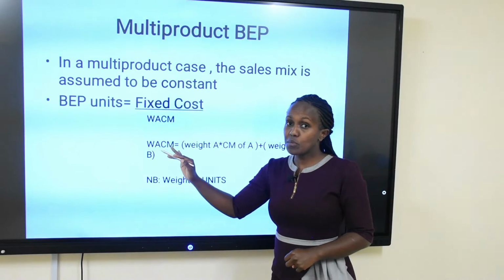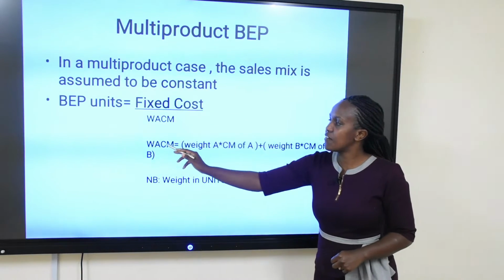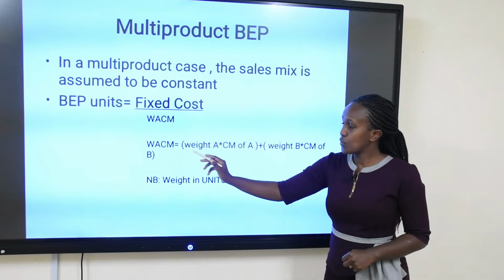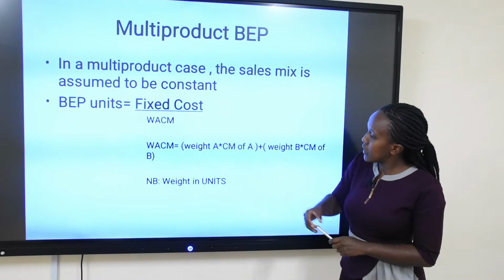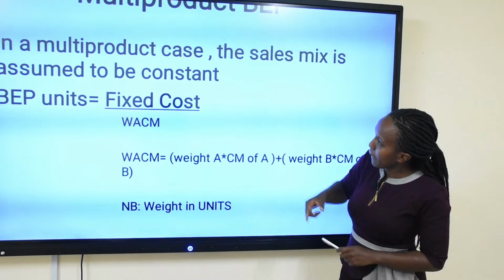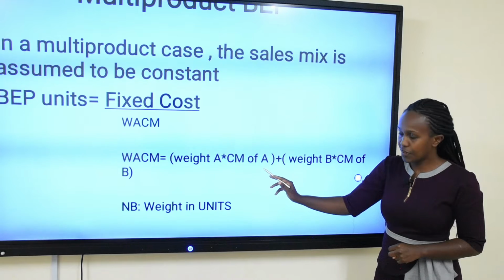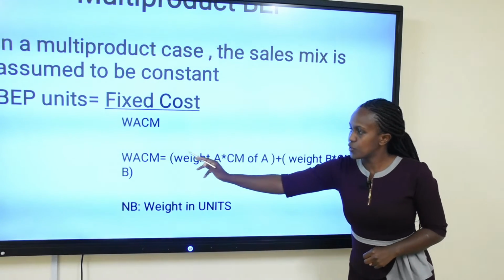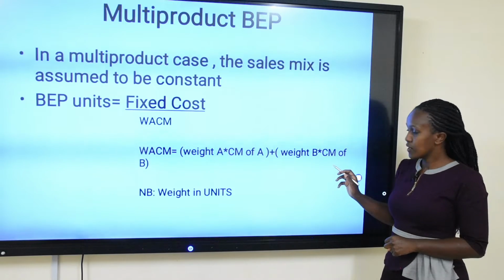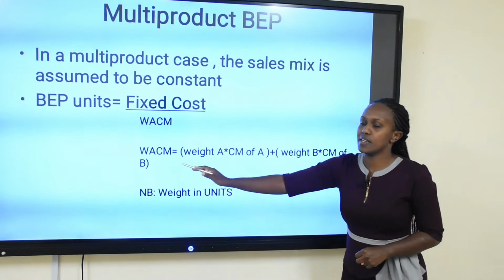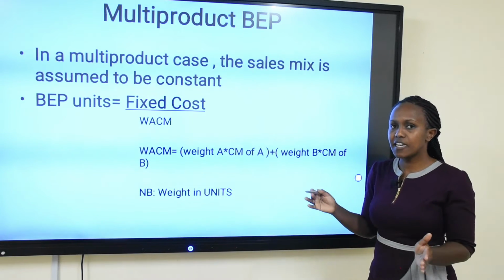I am going to be assuming we have two products, A and B. So to get the weighted average contribution margin, we are going to get the weight of A, our first product, multiplied by the contribution margin of A, and you add the weight of B multiplied by the contribution margin of B.